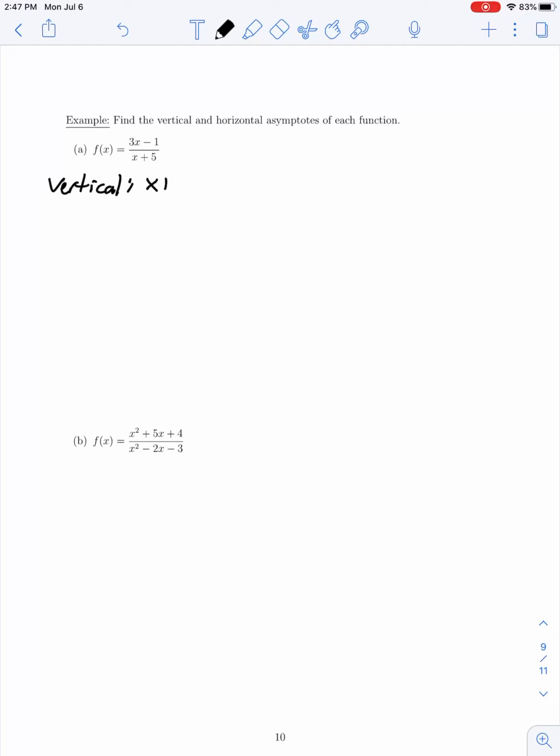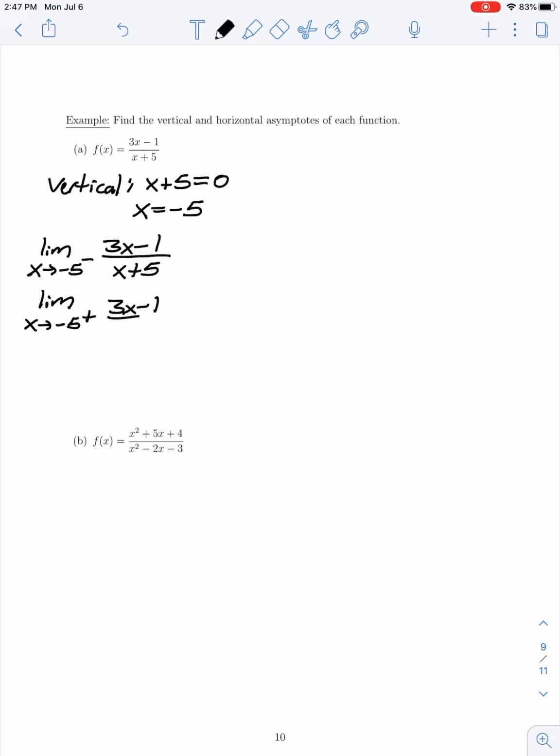So to determine the candidates for a vertical asymptote, we will set our denominator, which was x plus 5, equal to 0. So we see here that x is equal to negative 5. And if we consider a limit as x approaches negative 5, say from the left, or a limit as x approaches negative 5 from the right of this function, 3x minus 1 over x plus 5, let's see what we get.